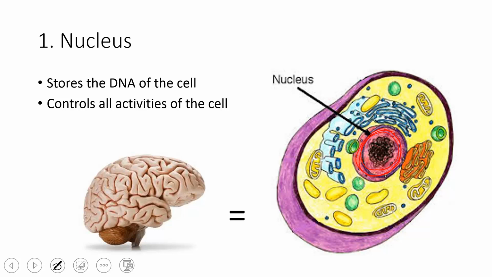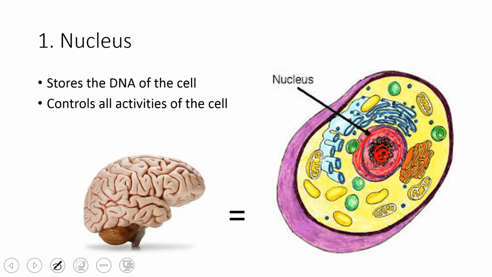It's the control center, so it's similar to the brain. It tells the cell exactly what to do. It tells the cell when to move, and it houses all the genetic information. So information about your eye color or your hair color or all the inherited traits is actually stored inside the DNA of the nucleus.